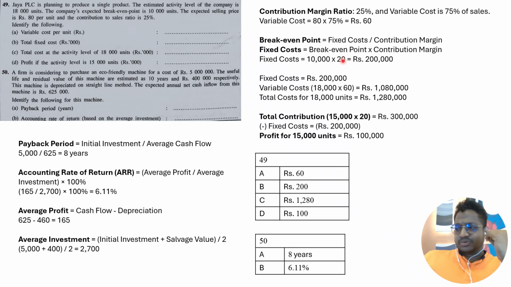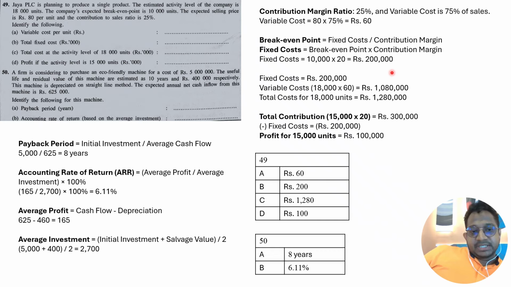Here in this case, you know the contribution and you know the break-even point, so your fixed cost is 200,000. Good. And the profit at the actual level of 15,000 units: you get the total contribution minus total fixed cost, then you get the profit.